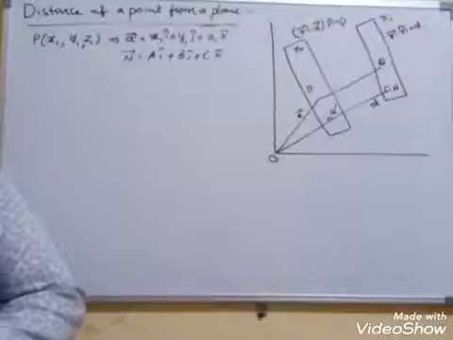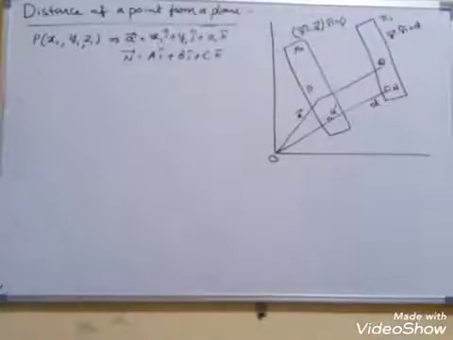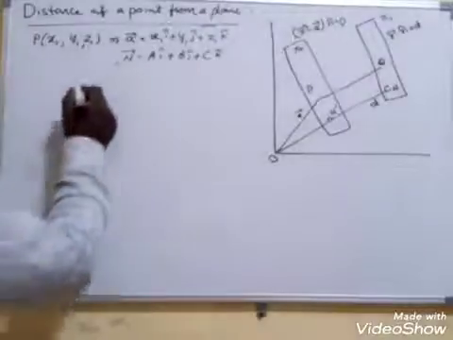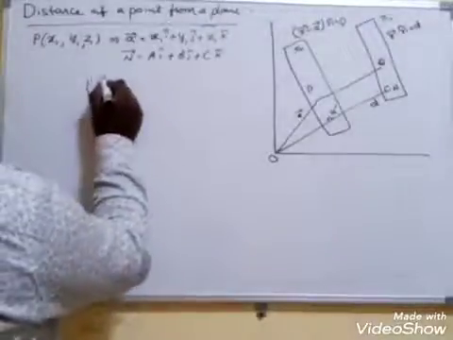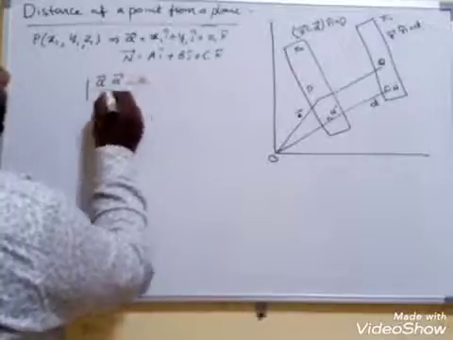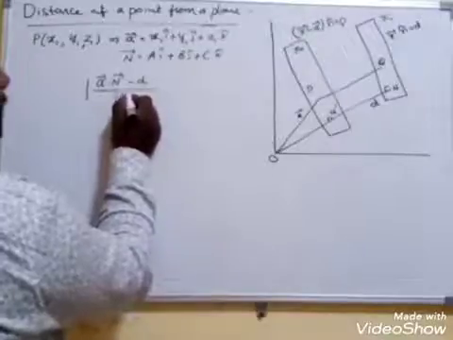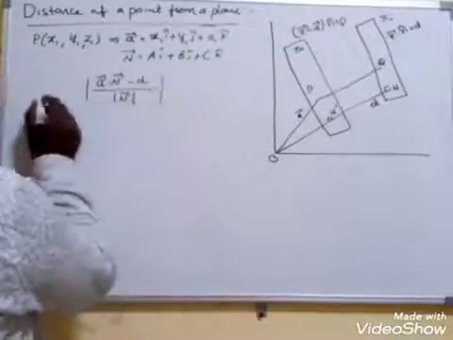Now what is the formula? Just now we have the formula modulus of a bar dot n bar minus d by modulus of n bar. This is the distance from the point.